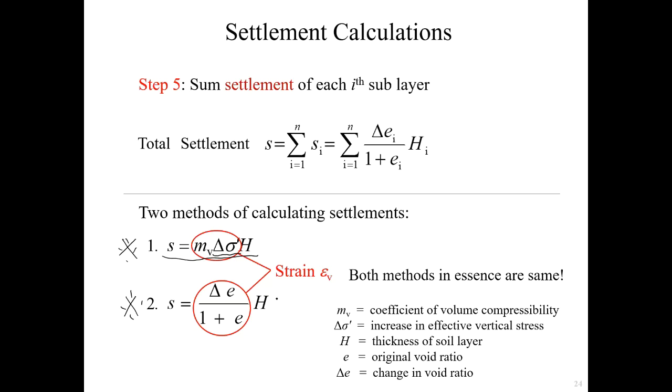If we look further, you will notice that both MV times delta sigma prime and delta e divided by 1 plus e0 stand for the strain. So both methods are essentially the same. The formulas in lecture 9 and in this lecture are the same.